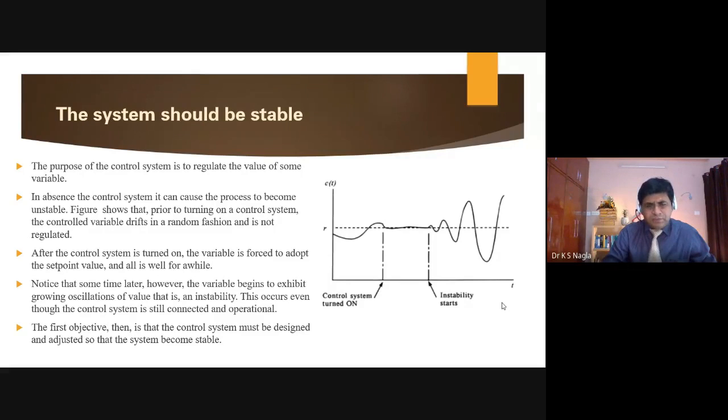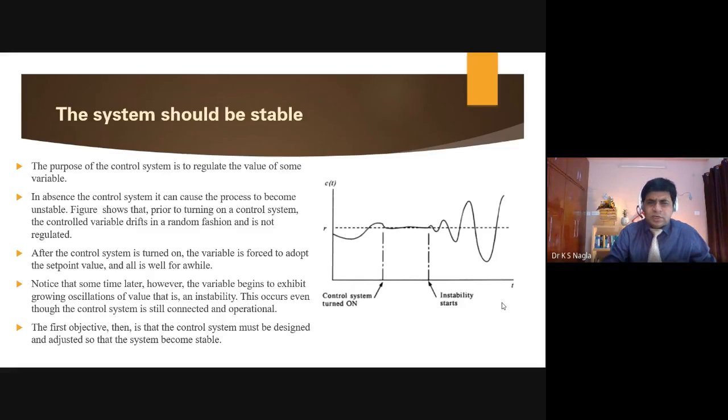So if you are not switching on the control system, the output of the system is not going to be close to the set point. It may be fluctuating. After the control system is turned on, the variable is forced to adopt the set point.